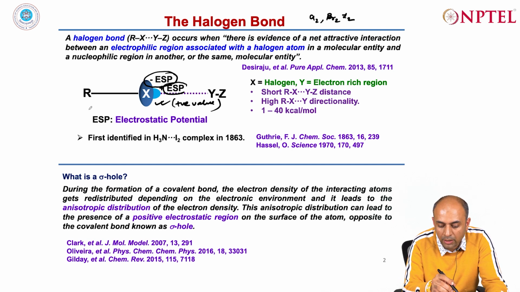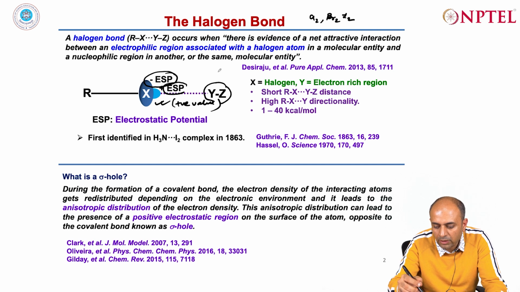So, when you have an RX molecule, where R is say methyl, ethyl, propyl, then we will see that around a halogen there is an anisotropic electron density distribution, and because the sigma hole is electron deficient, it can now interact with a YZ molecule, where the Y atom is electron rich.